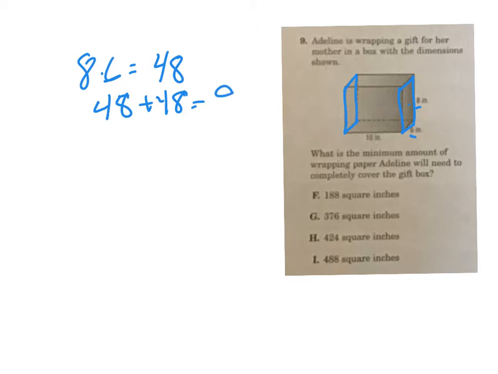So this is 8 by 6. 8 times 6 equals 48. And then 48 plus 48. I could have done it times 2, would have been the same thing, but that is 96.